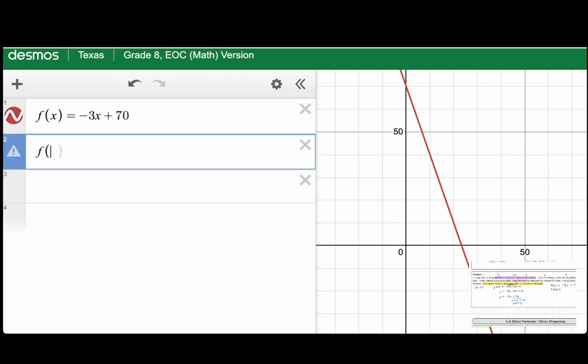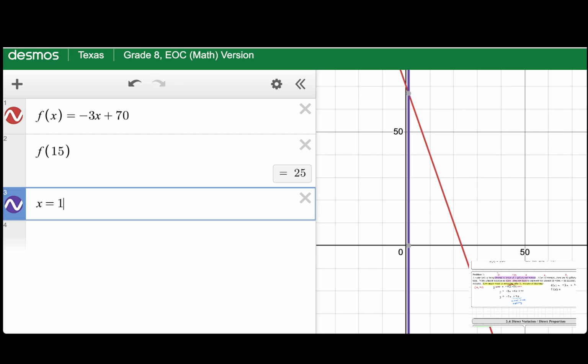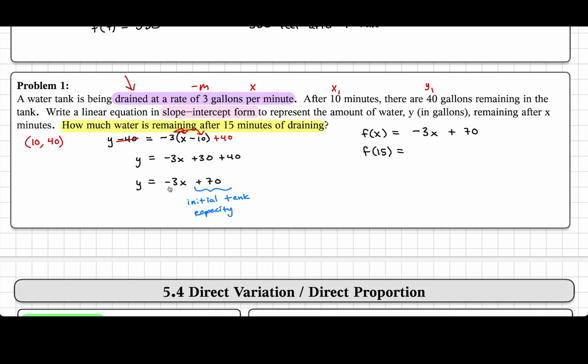First of all, we're just going to do it this way. f of 15 tells us it's going to have 25 gallons remaining in the tank. I could have also just said x equals 15 and go find the intersection of that. So at 15, it would be 25 gallons. So after 15 minutes, we have 25 gallons there.